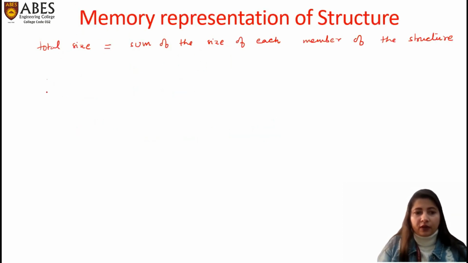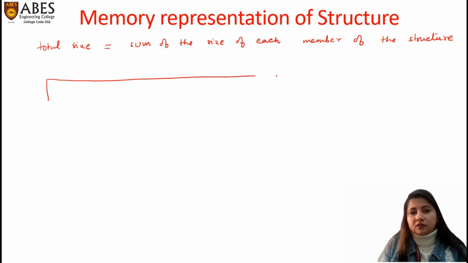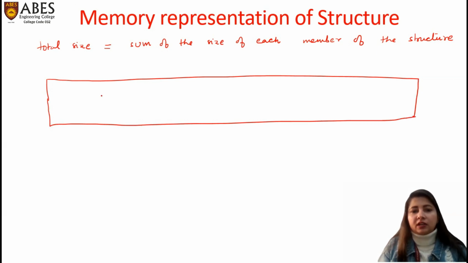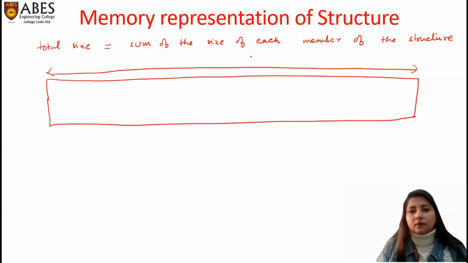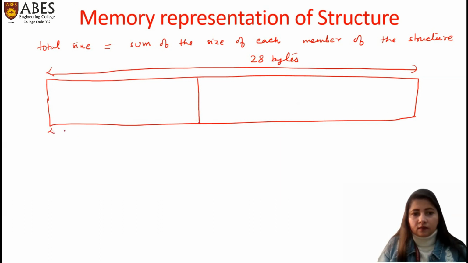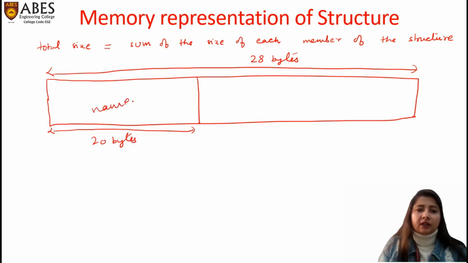So if we look at the memory representation of this structure variable S, it would be allocated a total of 28 bytes. The first 20 bytes will be occupied by name.